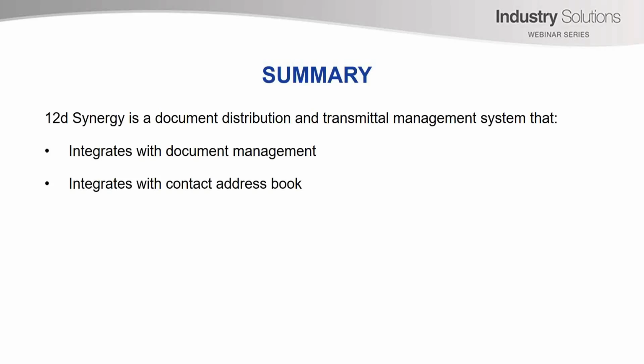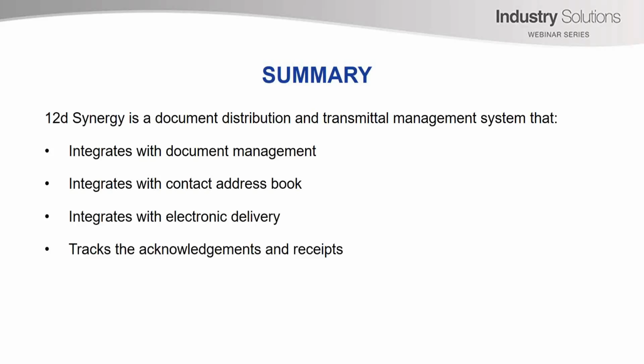It allows users to quickly and easily specify the recipients for the distribution. It integrates with electronic delivery, and it tracks acknowledgements and receipts of each transmittal. It records who, what, why, and how for each transmittal. So that concludes my presentation.